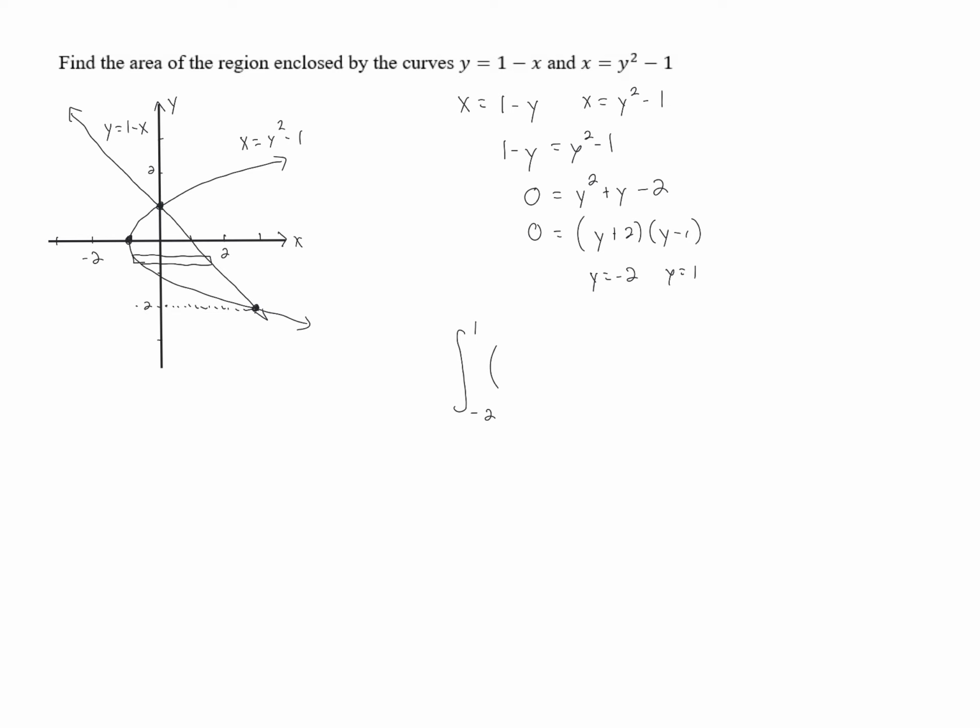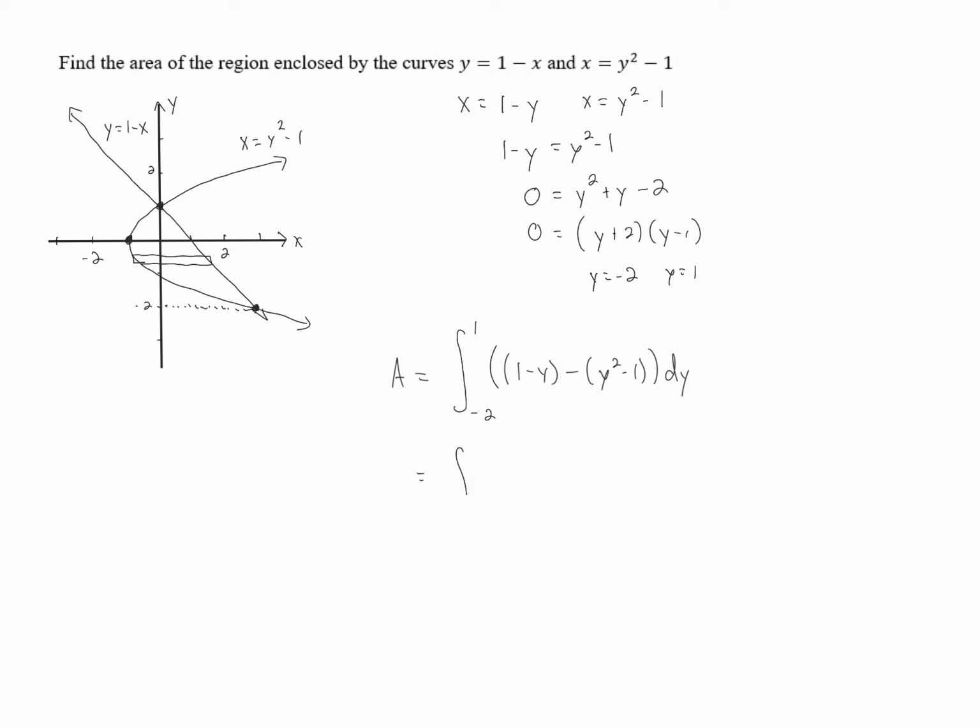And we can see that in this interval, the larger function is the linear one, and the smaller one is the quadratic. So we've got to take the linear function, 1 minus y, and subtract the quadratic one, y squared minus 1, and we're integrating with respect to y. That's going to give us our area.